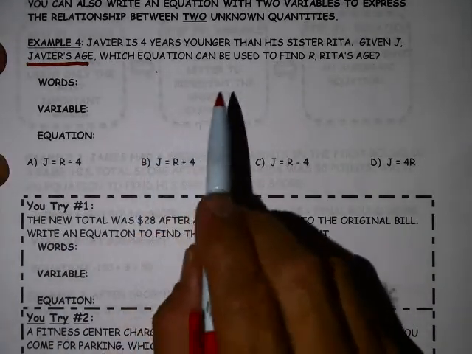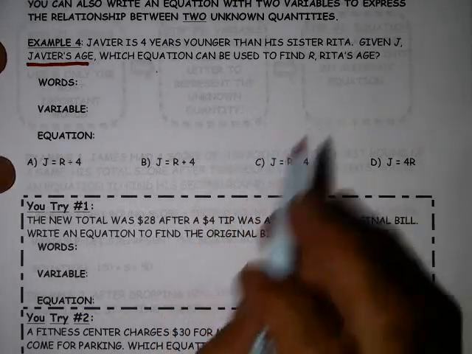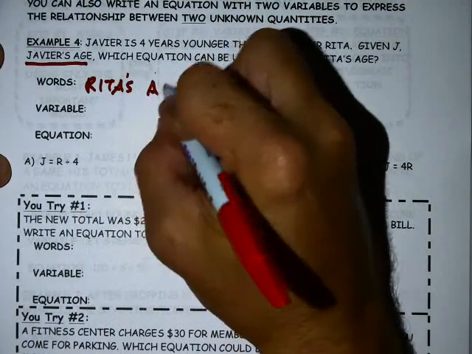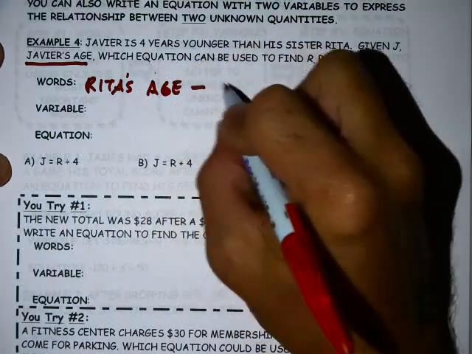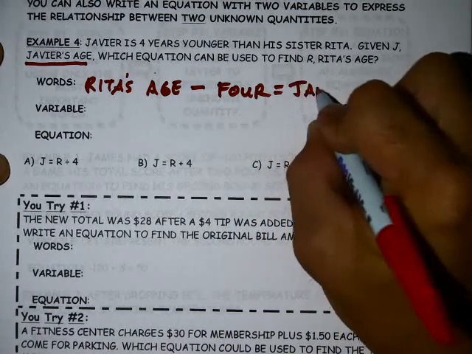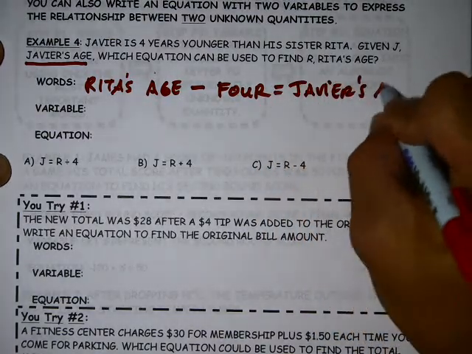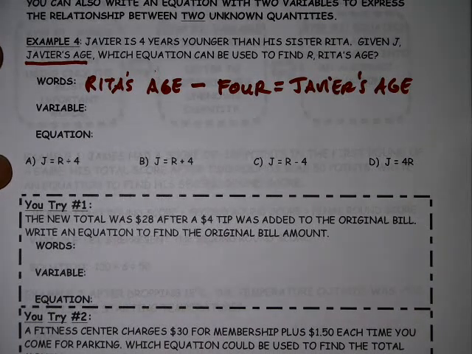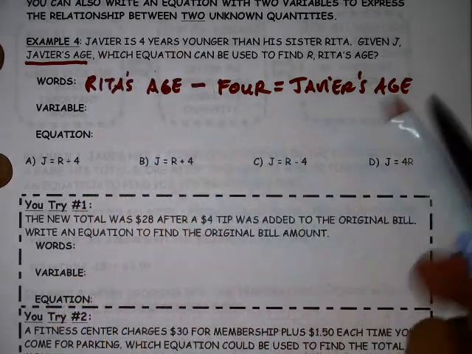So Javier is 4 years younger than his sister Rita. So Rita's age minus 4 equals Javier's age. And it says that Rita's age is older. It says Javier's younger, that means Rita is older.